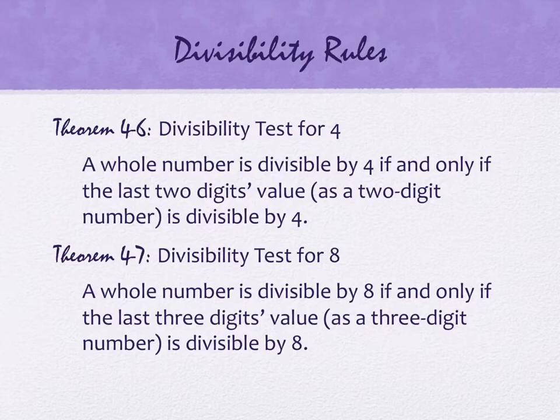I promise we'll do an example of testing all these things out after we establish all of them. So 4 and 8 are similar because we're looking at the last 2 digits or 3 digits as a combined full value at the end.